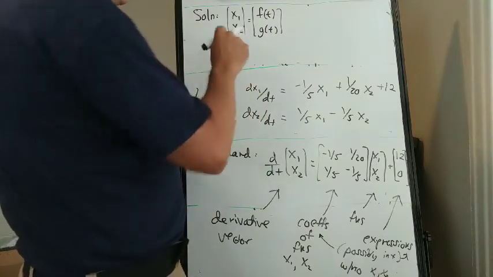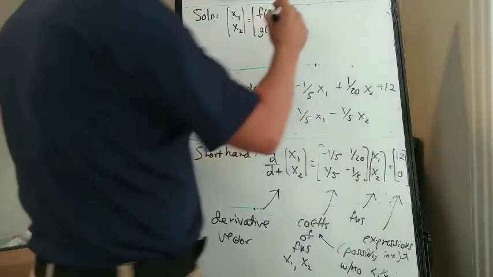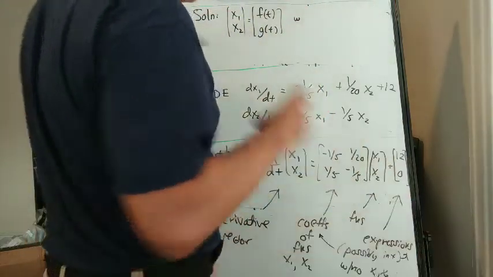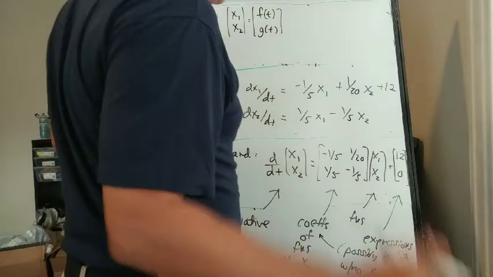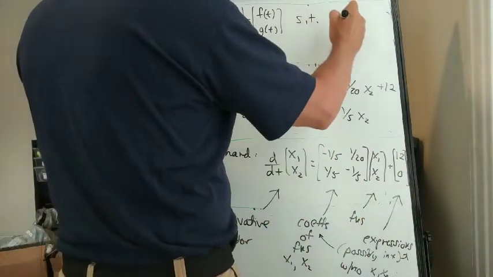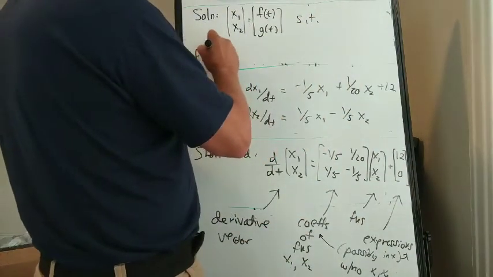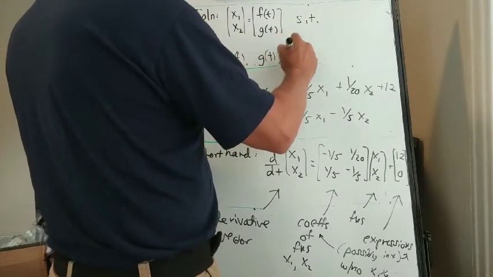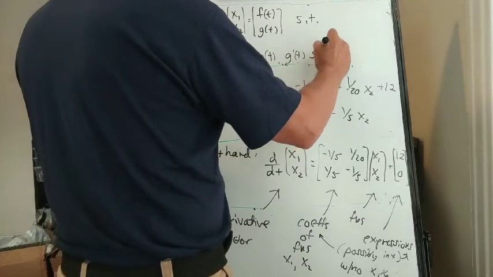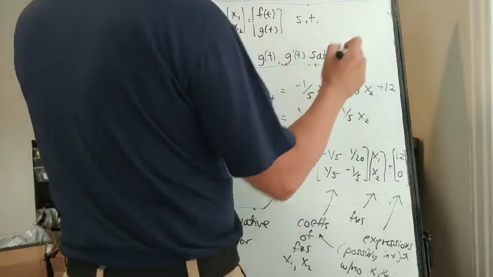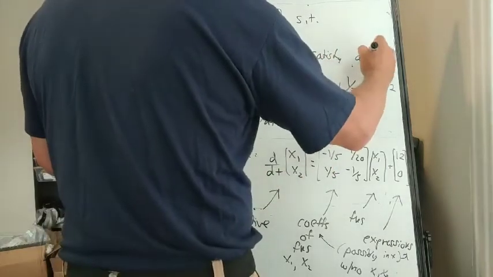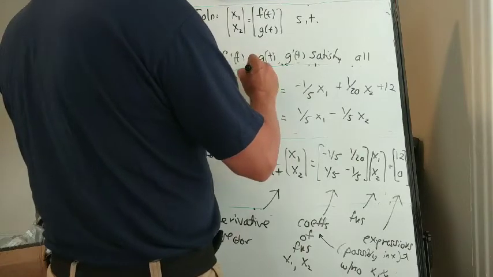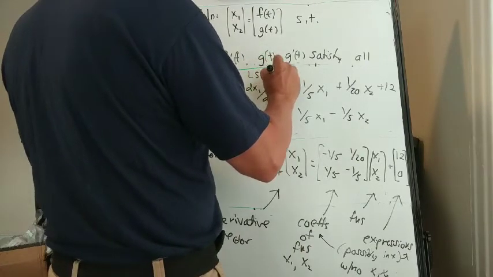We have to find this vector of functions such that f of t, f prime of t, g of t, g prime of t satisfy all equations in the linear system of differential equations.